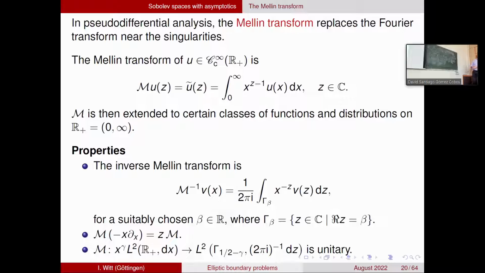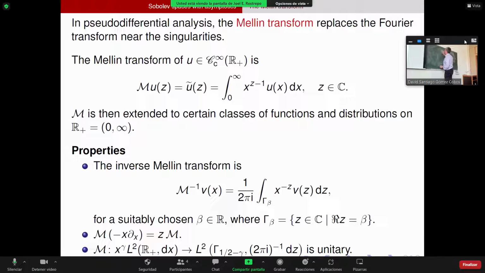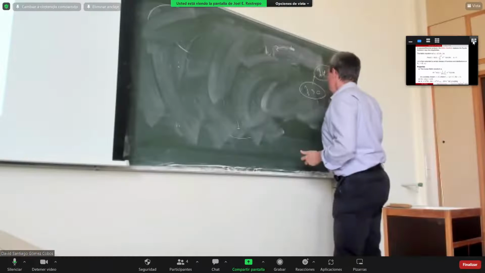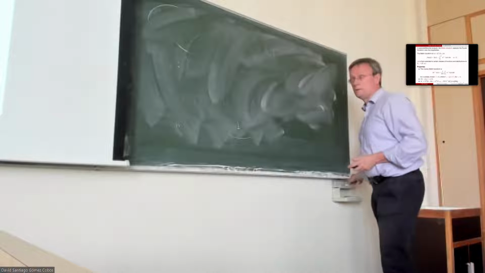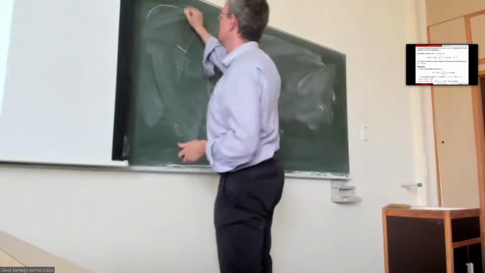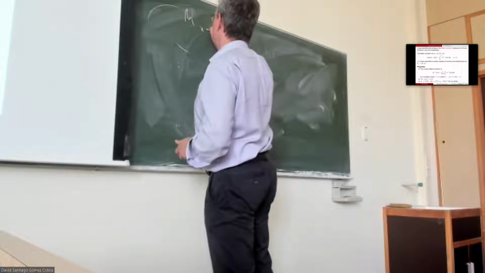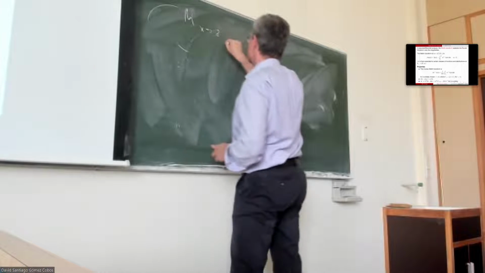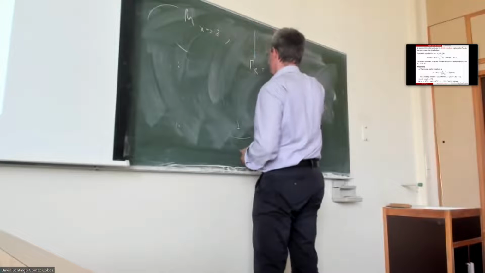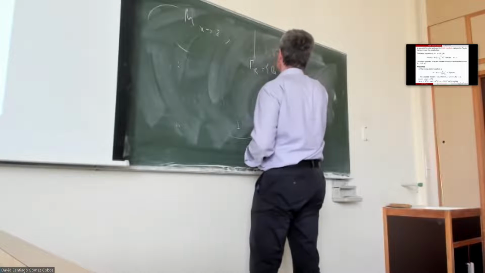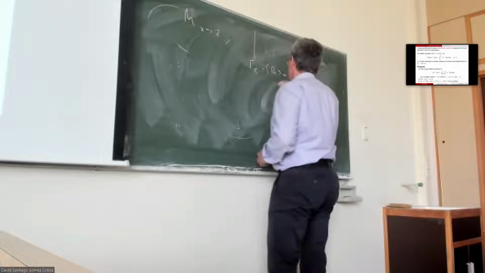You integrate along one vertical line, and because this occurs so often, these lines get a name: gamma beta is the set where the real part of z is beta. So we have such a line. So we have the Mellin transform, x to the z, and then this line in the complex Mellin plane, where the real part is equal to beta.